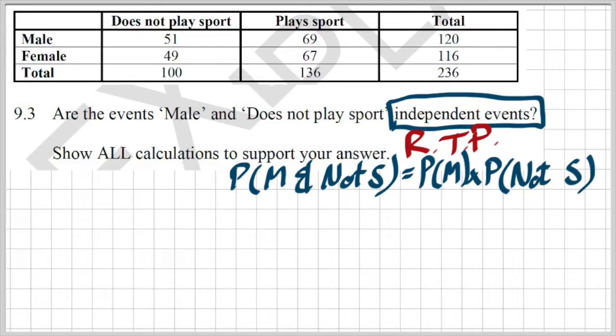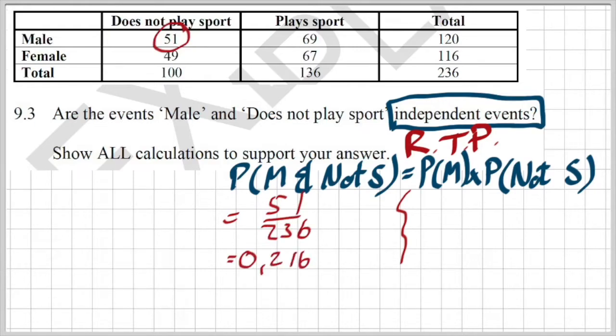Independent events. So in other words, let's start on the left-hand side. What is the probability of someone being male and not doing sport? Well, if I take my male, it stops where it does not play sport. So 51 over 236. Now we do the same on the right-hand side. What's the probability of someone being male?